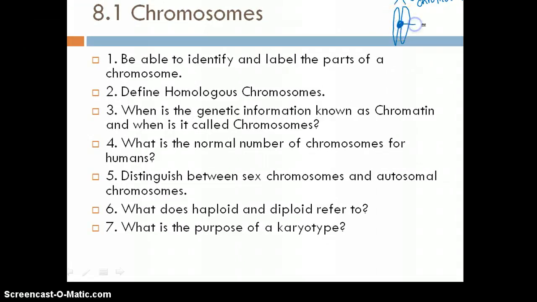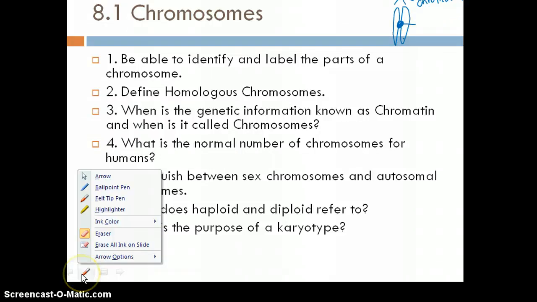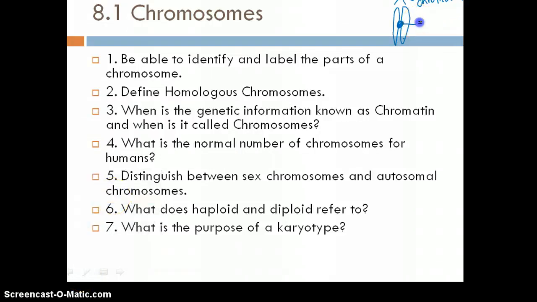We have the center spot that's called the chromatid. And I did that wrong. That should be the centromere. Got distracted here. This is the centromere. And this is the chromatid.